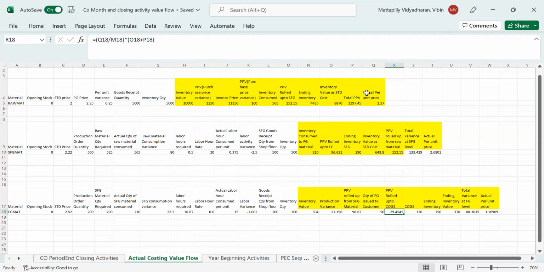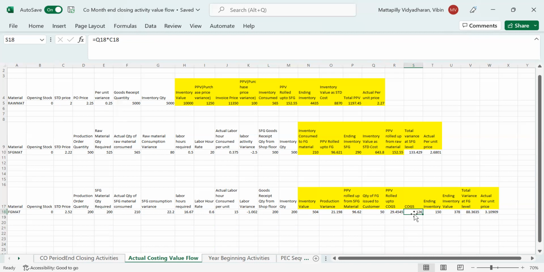P18 is nothing but our SFG variance rolled up to the FG level. So that's how the revaluation of COGS amount, or the PPV purchase price variance, is going to roll up to the COGS level. Now COGS value is 126.